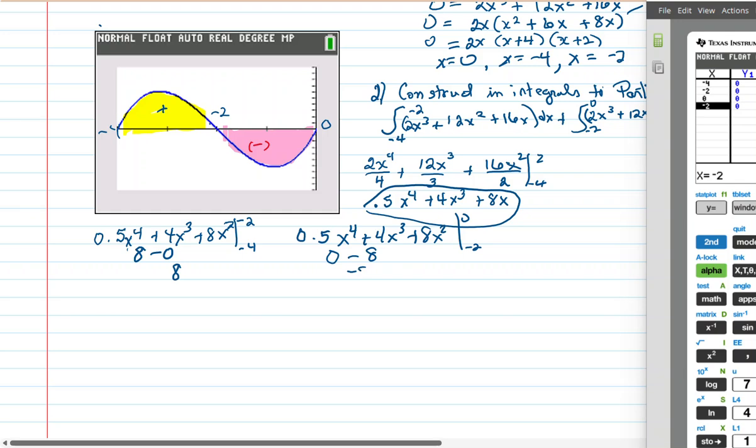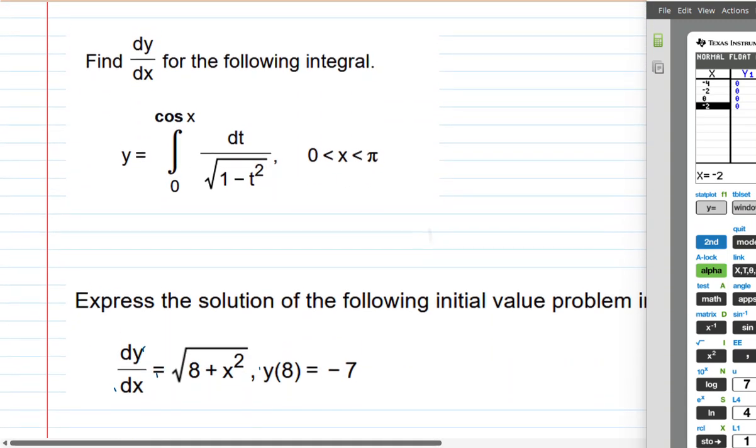So I get a -8. So we want the absolute value. So we get 16 square units. There you have it.